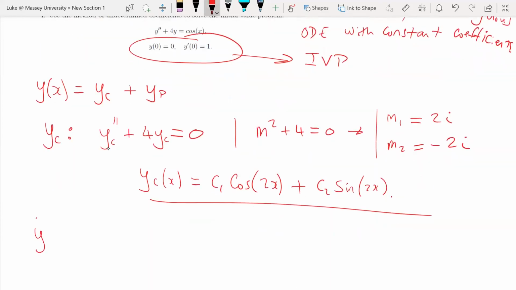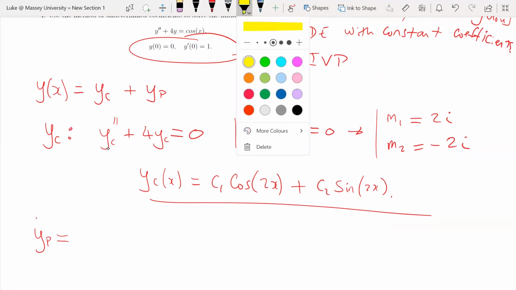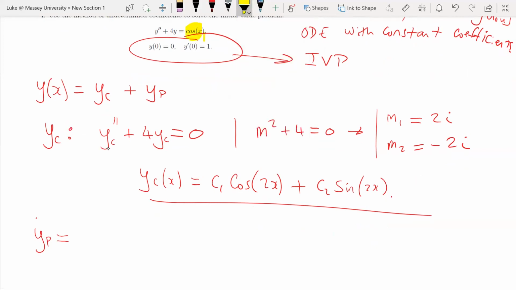So then for the particular solution, we're asked to use the method of undetermined coefficients. On the right hand side here, we have a cosine of x. Now we have a cosine in the complementary solution as well, but we're okay because it's the cosine of 2x, not the cosine of x. So these two things, cosine of x and cosine of 2x, are linearly independent.